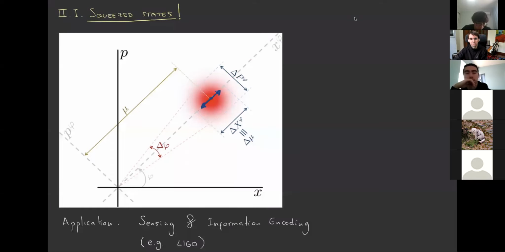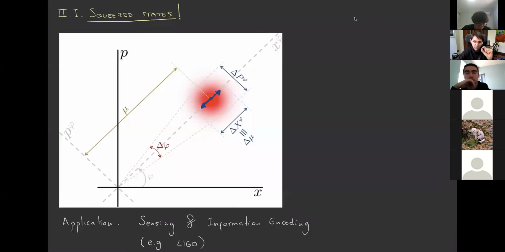However, from the plot, you see already something very interesting: if the signal that we want to encode is so tiny, as gravitational waves are, so small that the modulation happens within the uncertainty of our state, then we cannot distinguish it. We cannot see it, we cannot resolve it.